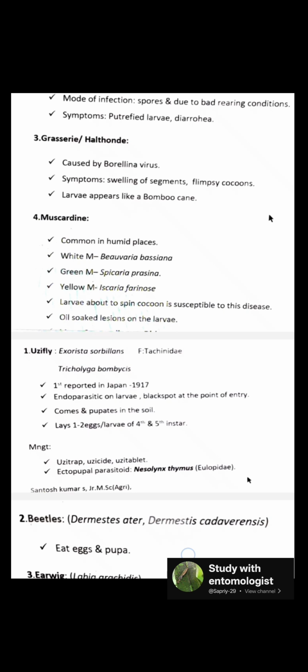Its ectopupal parasitoid is Nesolynx thymus, belonging to the Eulophidae family. So remember: Uzi fly, Tachinidae, ectopupal parasitoid Nesolynx thymus.